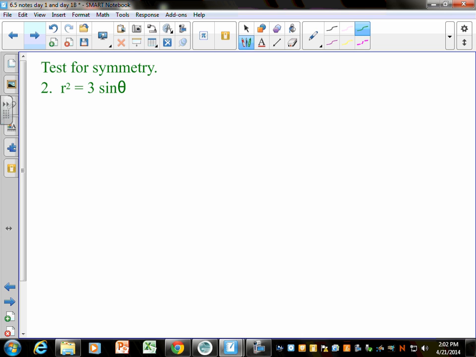Do you remember which trig functions are even? Cosine and secant are the only ones that are even, which means sine and everything else, pretty much you're only going to see sine and cosine here. So you might want to write this up there. If you plug in sine of negative theta, remember that it's odd. That means it changes the whole thing to negative. That's the same as saying negative sine of theta, because it's odd.